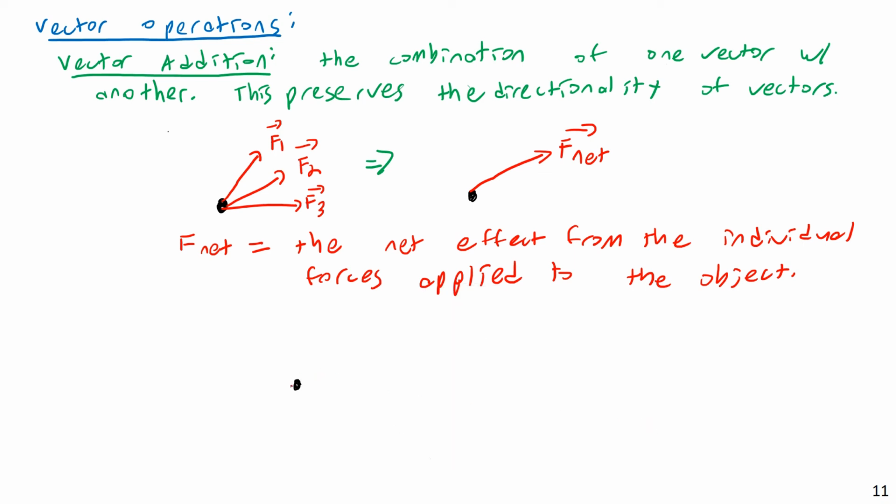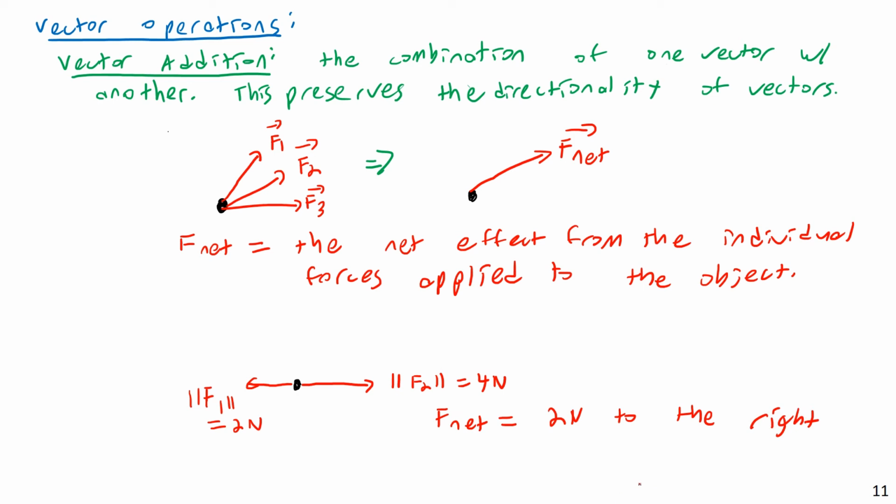If I have F1 to the left with a magnitude of, say, 2 newtons, and F2 to the right with a magnitude of 4 newtons, the net force of this is going to be a 2 newton force to the right. Of course, that's a relatively trivial example, but we'll see more complex examples herein.